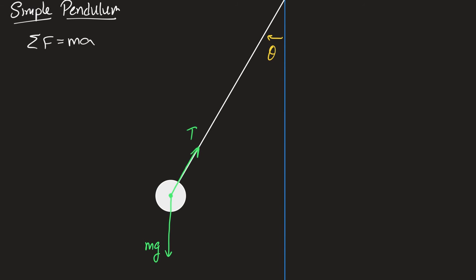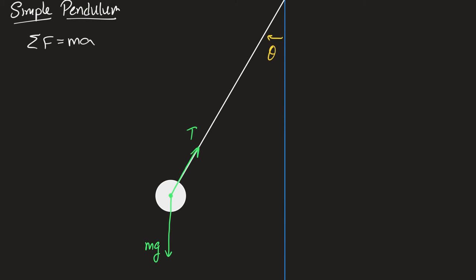Because of that, when I go to analyze this force, I have a choice of how I wish to set up my coordinate system in order to analyze it. So I'll ask you, do I want to set this up so that my coordinate system is this way, or do I want to set this up so that my coordinate system is this way?